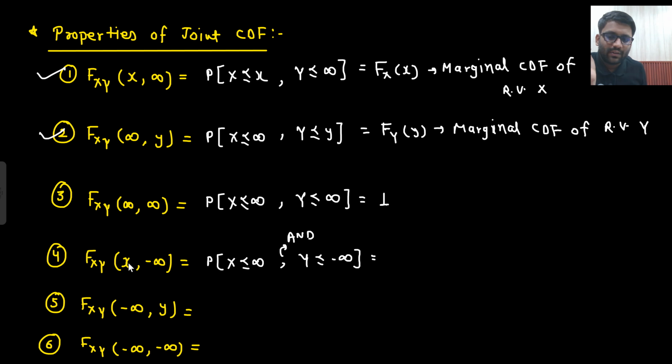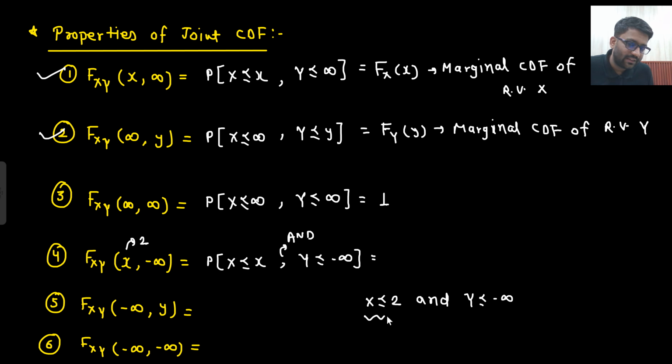Let's take this x value as 2. So I am saying, find the probability such that your random variable x is taking a value lesser than or equal to 2, and your random variable y is taking a value lesser than or equal to minus infinity.